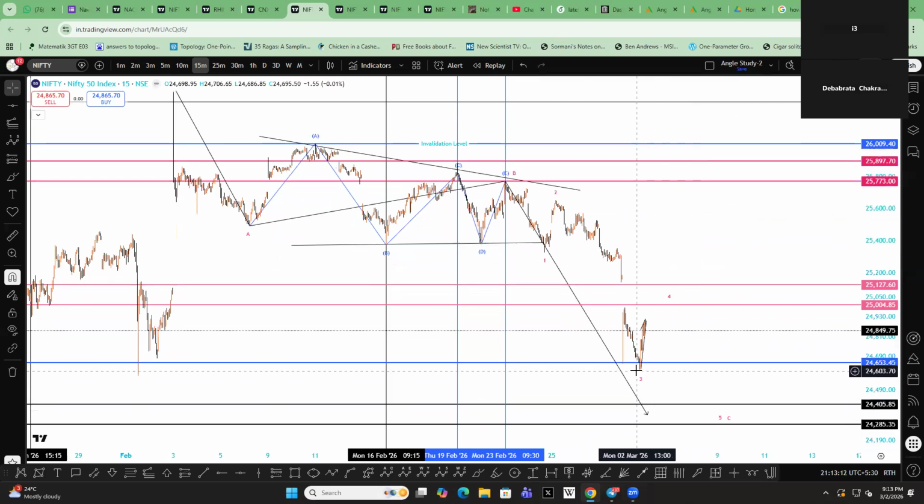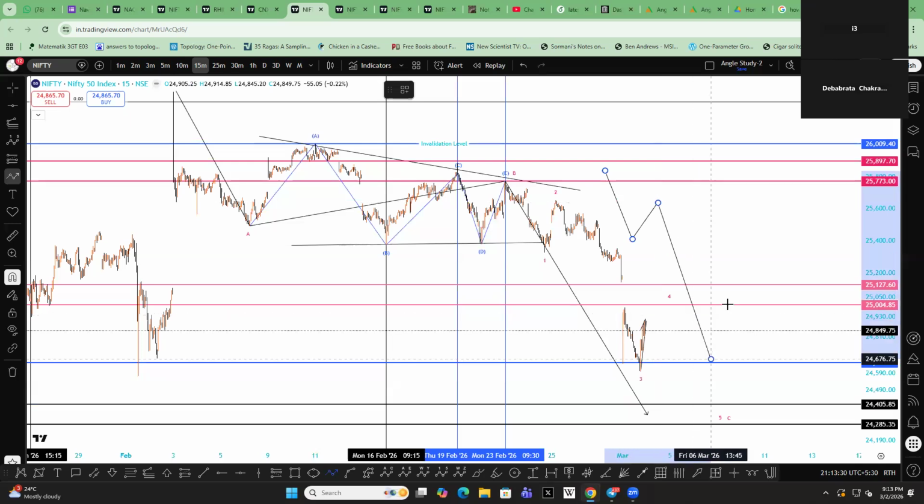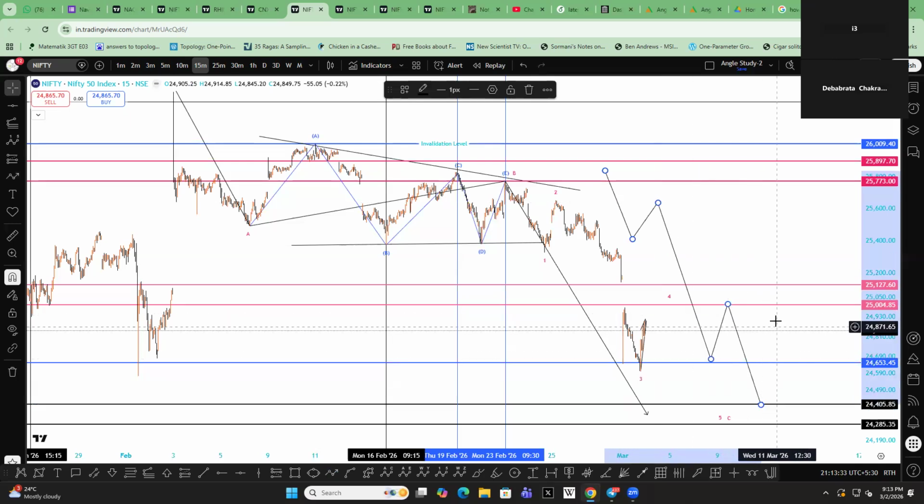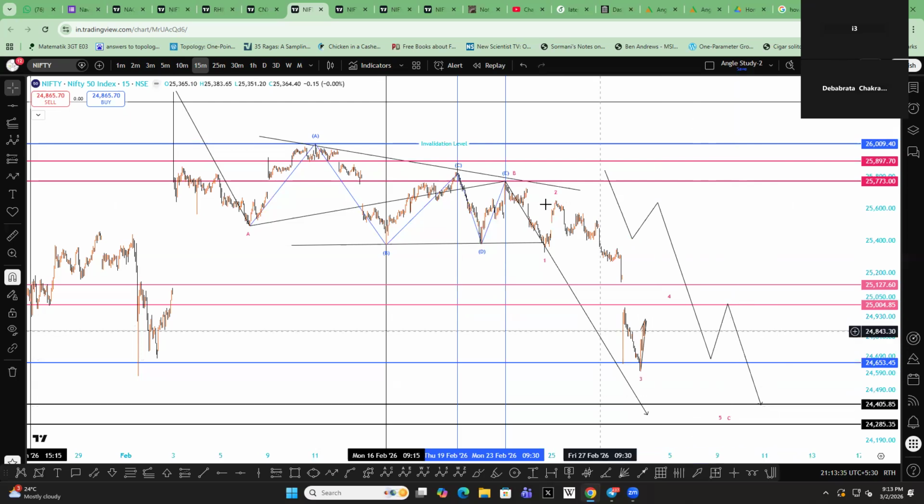So this is 1, 2, and this is 3, and then wave C is composed of a 5 wave move: 1, 2, 3, 4, and 5. This is the structure of wave C. For that wave C, this is wave 1, this is wave 2, this whole thing is wave 3, and we are in a wave 4 pullback.